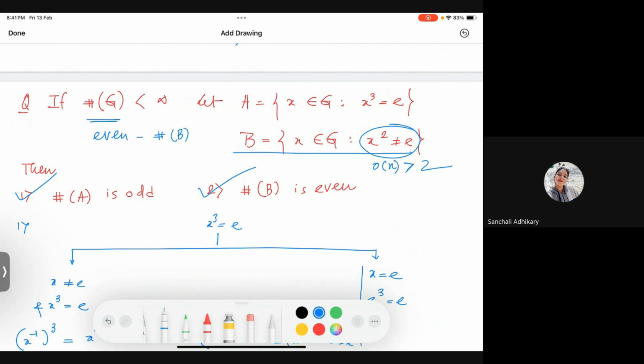So even minus even is even. This set contains the identity element and all the elements of order 2, because e square is equal to e, right? Actually, this is the cardinality of B complement. Since the order of identity is 1, even minus 1 element means an odd number of elements. So there are an odd number of elements of order 2.